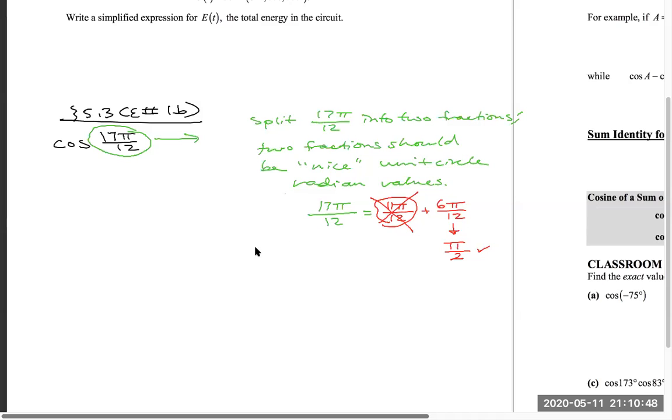So instead, what we're going to do is take 17 pi over 12, split it into 8 pi over 12 plus 9 pi over 12. Okay, 8 pi over 12 simplifies to 2 pi over 3. Perfect. And 9 pi over 12 simplifies to 3 pi over 4. Perfect.